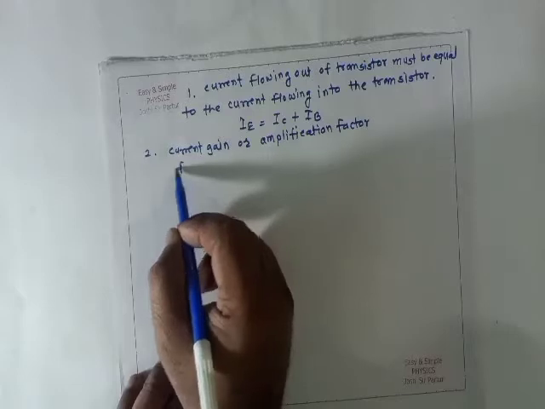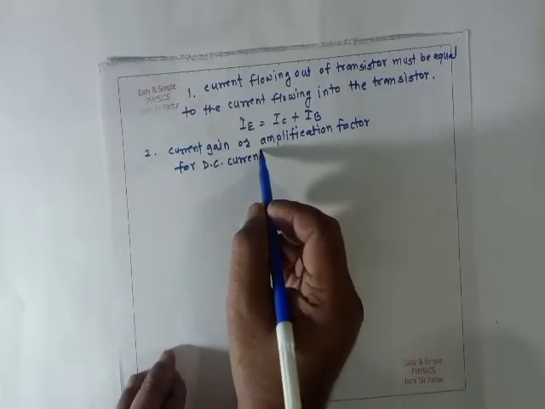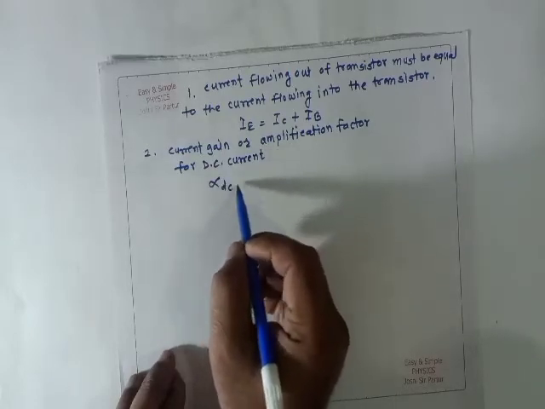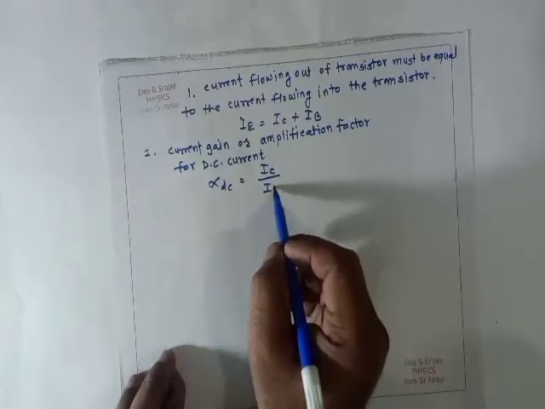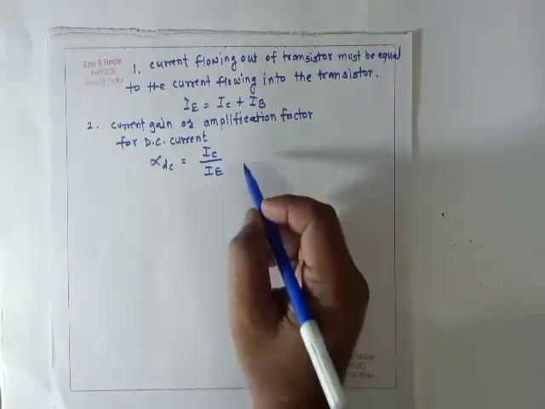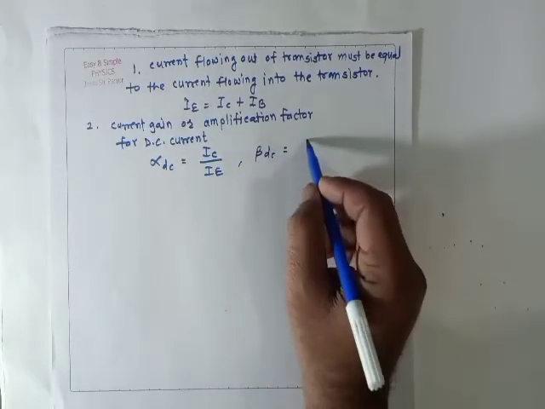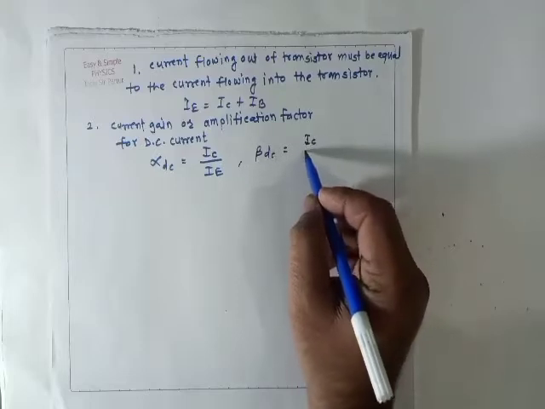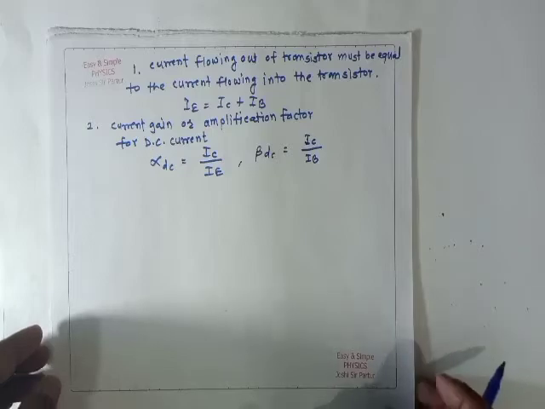For DC current, alpha DC is the ratio of collector current to emitter current, and beta DC is equal to the ratio of collector current to the base current.